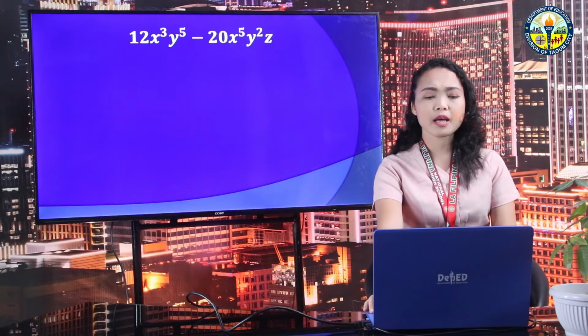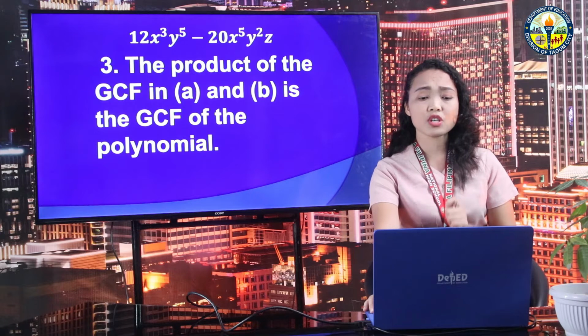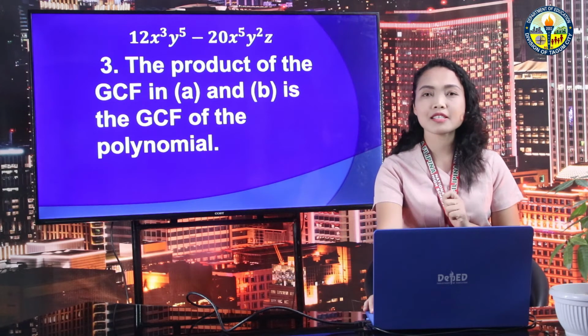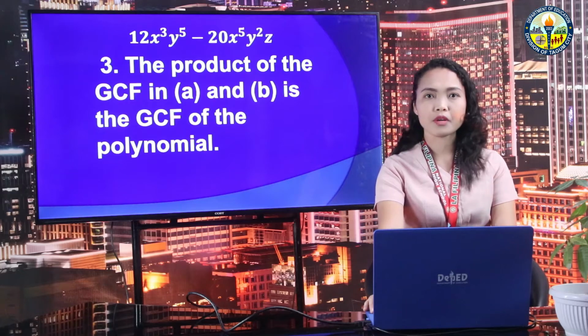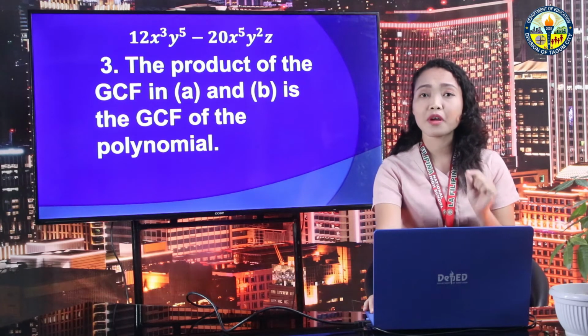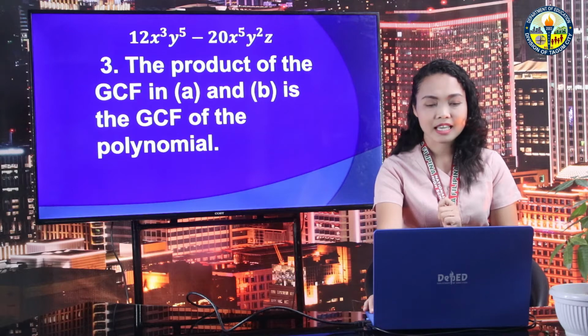For the third step, the product of the GCF in the first step and the second step is the GCF of the polynomial. Therefore, we're going to multiply the GCF of the numerical coefficient and the GCF of the variable with the least exponent.